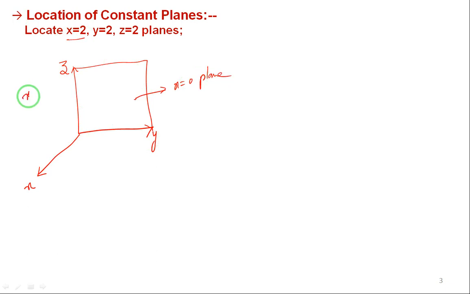This plane has to be shifted because I want to locate the x equal to 2 plane now. So this has to be shifted 2 units forward in the x direction: 1 unit, 2 units. Make this point the center, and draw the plane parallel to the y axis and z axis. So now this is the x equal to 2 plane.